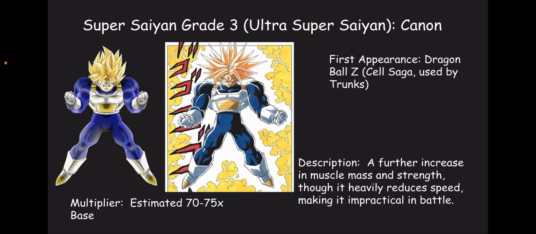But yeah, it was able to go against Super Saiyan in power, but it is stronger than Super Saiyan Grade 2, and it was weaker than Perfect Cell, so that's why I have it here at 70 to 75 times.